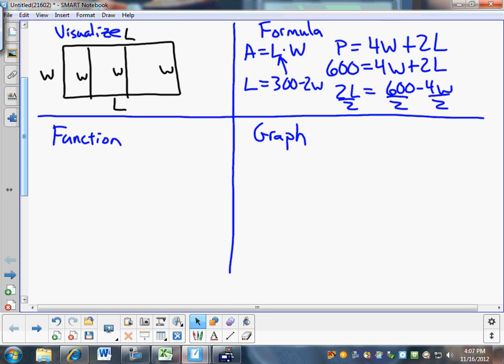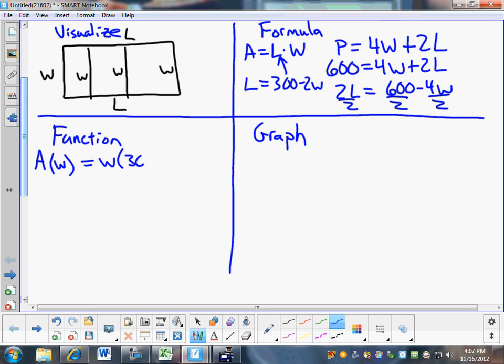So now I write a function, and a function is descriptive. It's an area function, and it's in terms of my width. That's your variable. So let's write a function. We have area in terms of width is equal to W times 300 minus 2W.